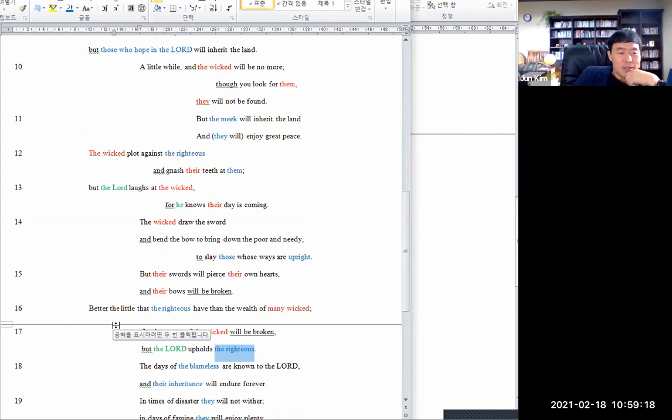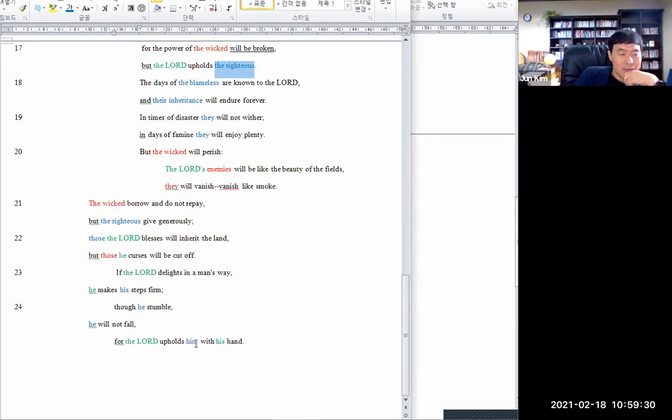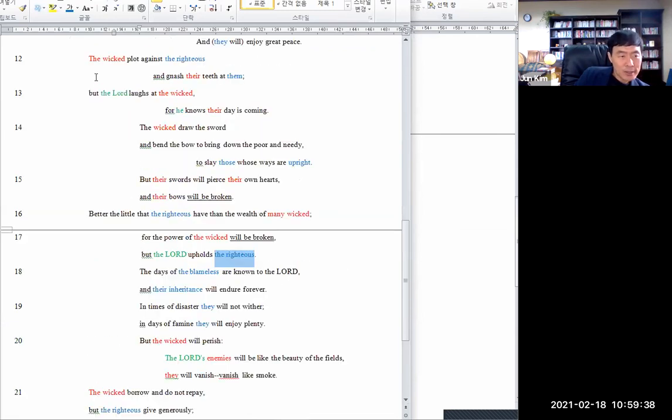And the righteous give generously. Those the Lord blesses will inherit the land. He will not fall. This is the idea. What about the Lord?